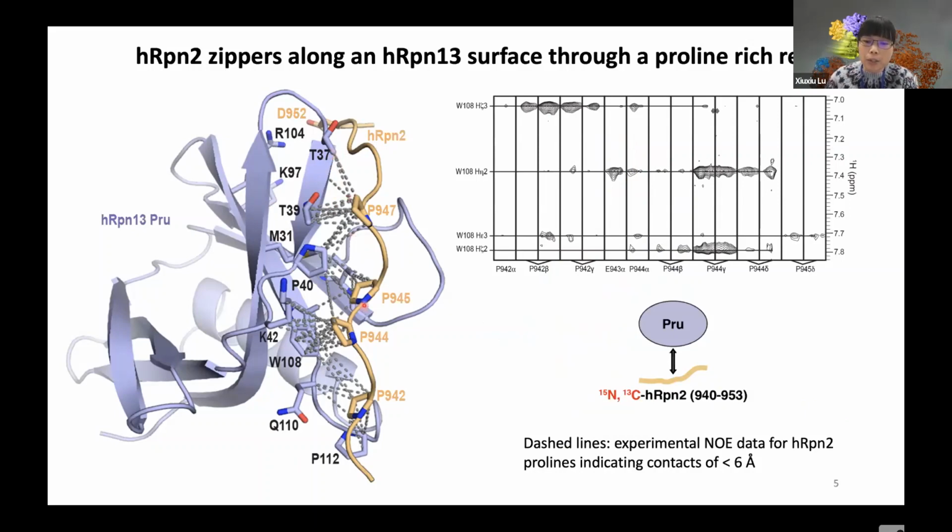This dashed line represents experimental NOE data involving the RPN2 proline region. This is selected experimental data acquired on carbon-13 labeled RPN2 with equimolar unlabeled RPN13 Pru domain. It's focused on RPN2, these three prolines with intermolecular NOEs to RPN13 tryptophan 108 aromatic protons.